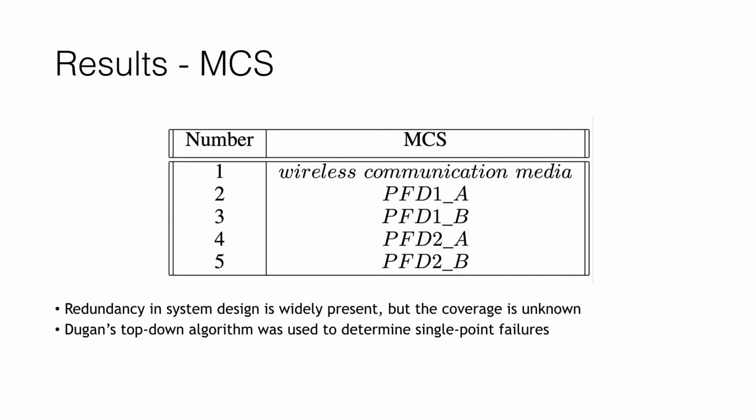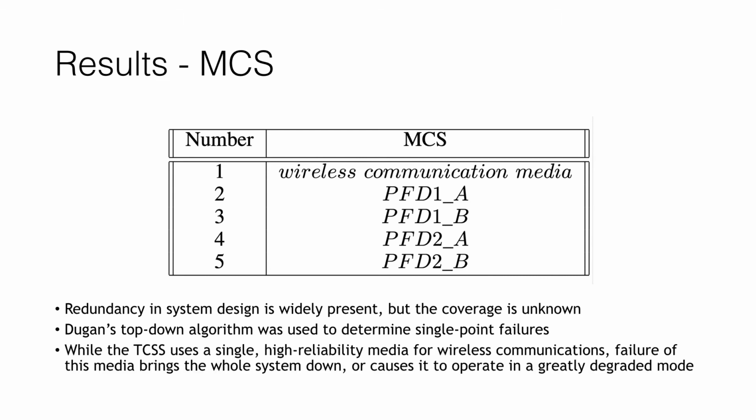That's a limitation in the study in general, but the top-down algorithm by Professor Dugan from the University of Virginia was used, and we're going to be discussing her contributions to the field of reliability engineering as an extension to this in a few slides.